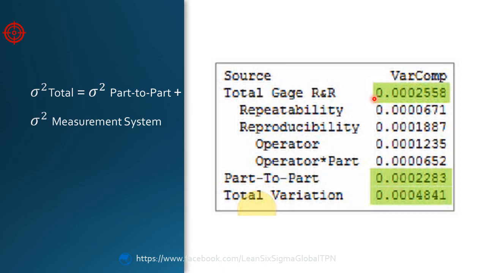As we mentioned earlier, such a measurement system can result in imprecise measurements, which is obviously undesirable. So let's dig deeper into the measurement system variation and try to find the primary source of the error.